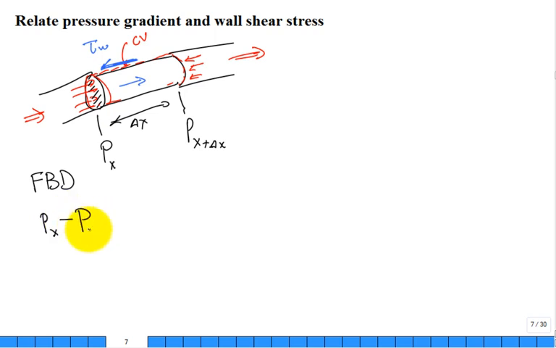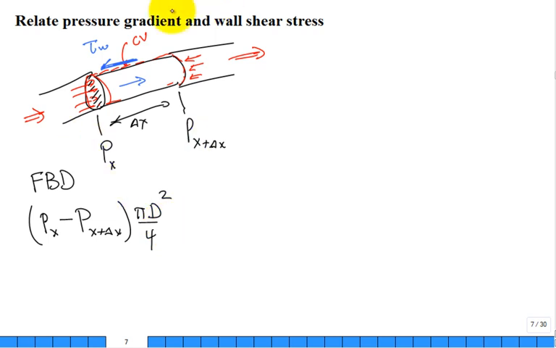In the negative, I have the pressure at X plus delta X. It's in the negative, so I put a negative on that. And I multiply by the area. I like to work in diameters, pi d squared over 4 instead of radius. More common to talk about the diameter of a pipe than a radius of the pipe. Anyway, that's going to be the net going in the positive direction, down the direction of flow.